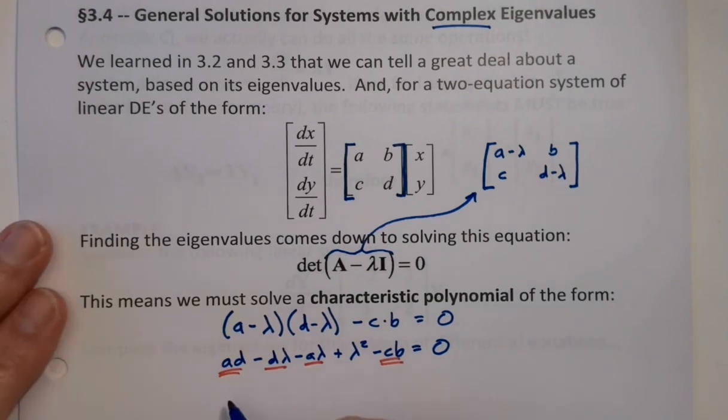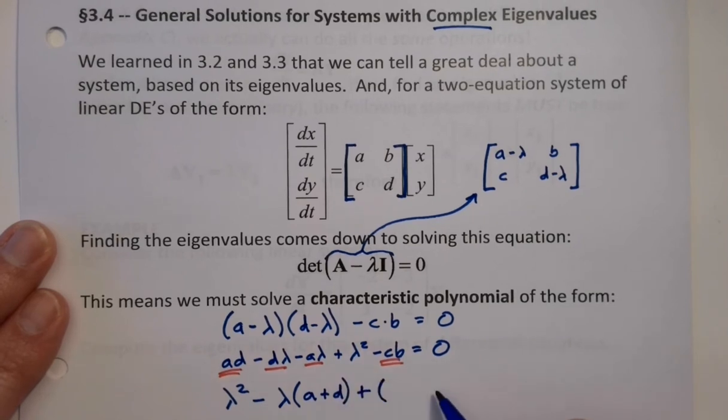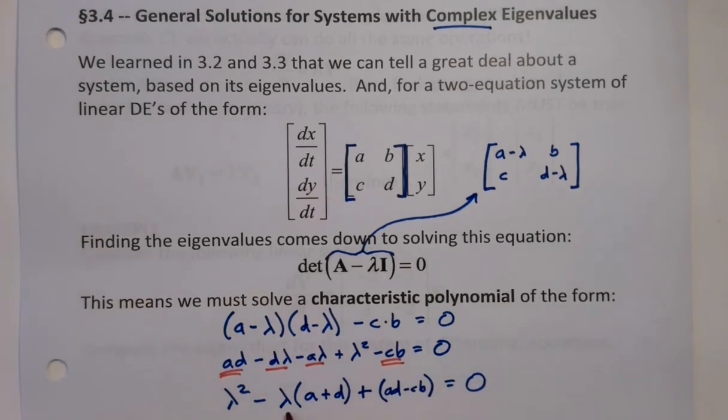So with a little bit of modification, we get lambda squared, that's the lambda squared term from right there, minus lambda times, I'm just going to factor out a minus lambda to make it easier, so it'll be a plus d, plus the constant term, and the constant term is ad minus cb. I'm doing this on purpose to show you that the single underlined terms are coming from those double underlined terms.